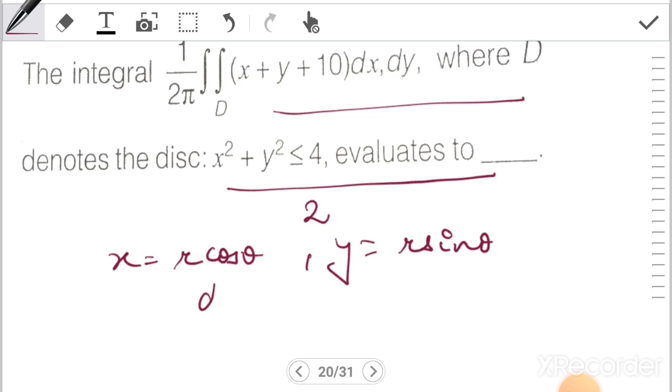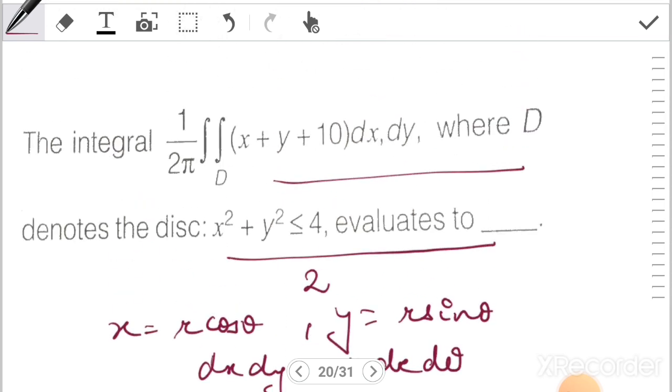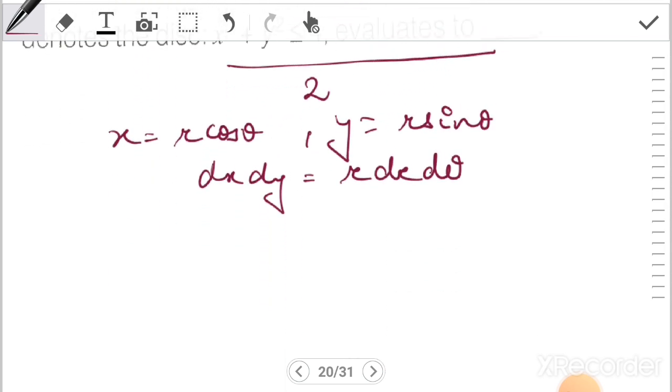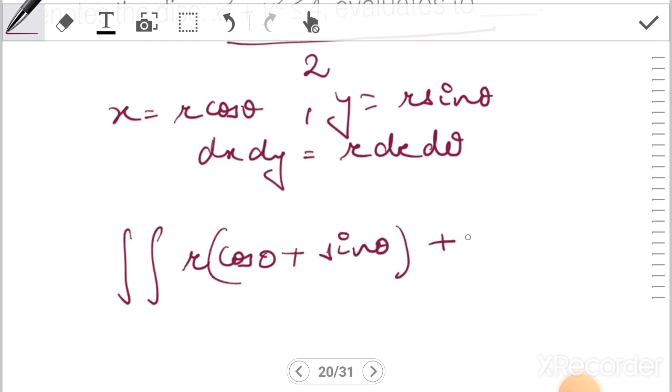So dx dy will be equal to r dr d theta. Now let us put the value of x and y. So we will have r cos theta plus r sin theta, plus 10, and r dr d theta.